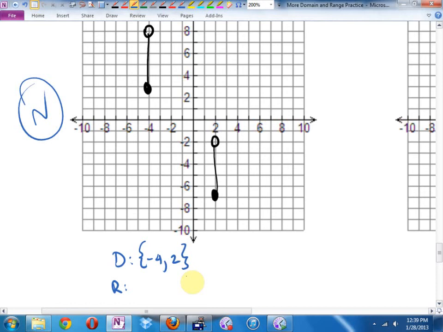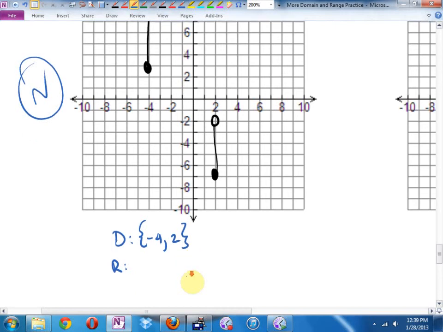Range. I think, again, I'm going to have to do this in 2 chunks. By the way, you won't always, and I'm going to show you some in a second where you don't have to do it in 2 chunks. But for now, the lowest we get is -7. We're touching. It's a y value because it's a range.